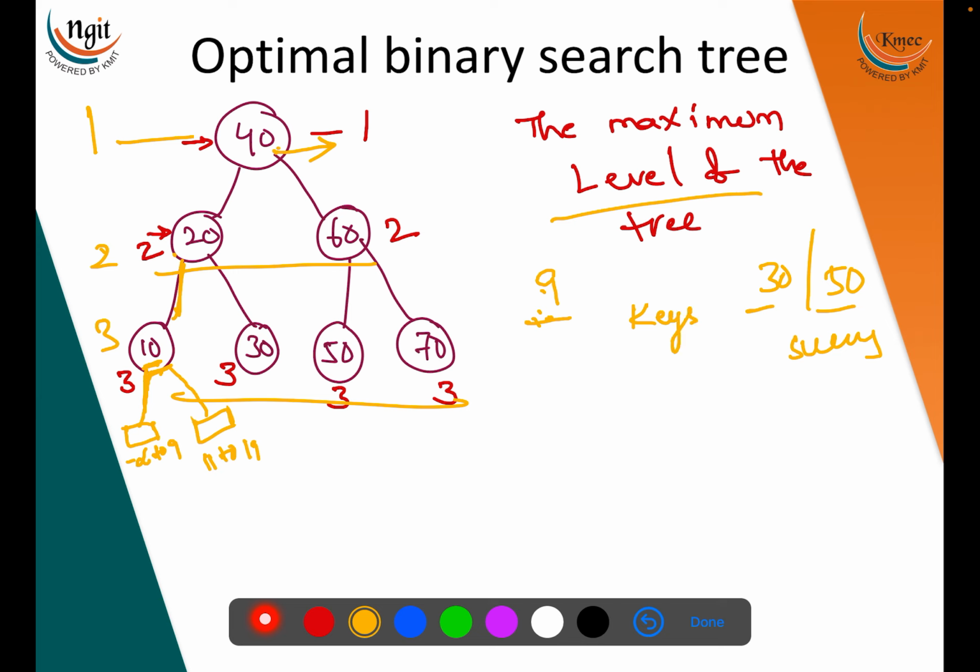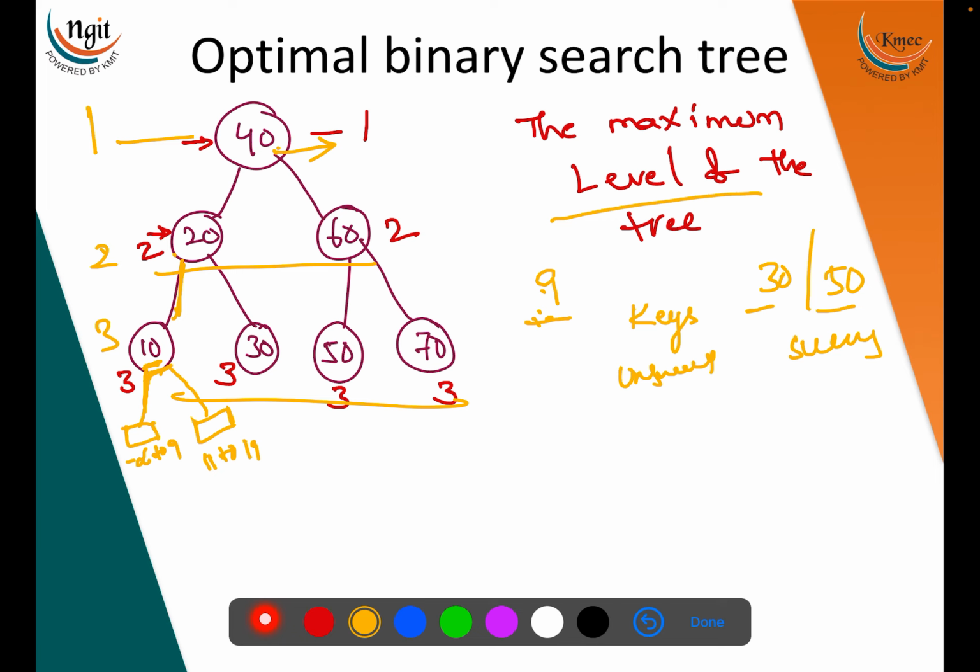Square nodes, or square symbols, I am using to represent unsuccessful elements, the element which is not found, but there will be a probability. In the case of an unsuccessful search, I am calculating the probability in the tree. So 9 is not found because I have reached the end of the binary search tree, and the key element is not found.